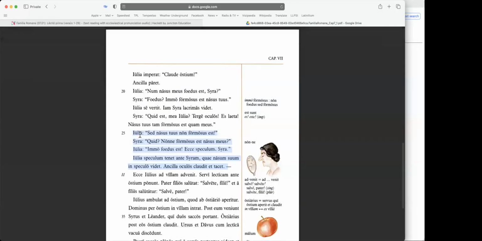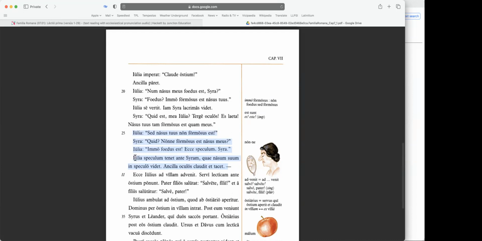Actually, I'm just applying what's in the book. They have an equivalent for that term: immo formosus, and then the equivalent is non, immo foedus. That's the equivalent, according to the right side.